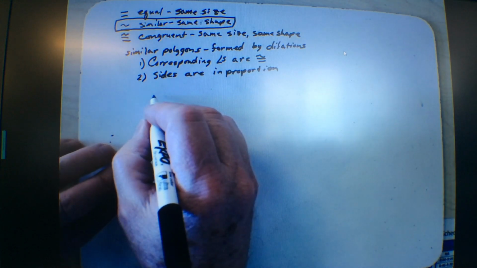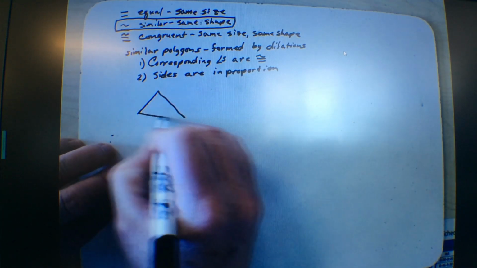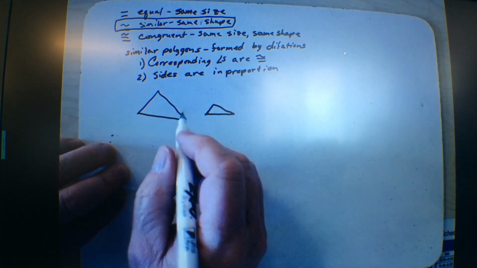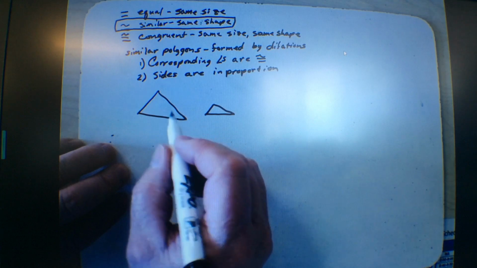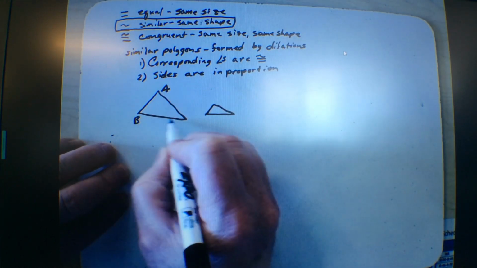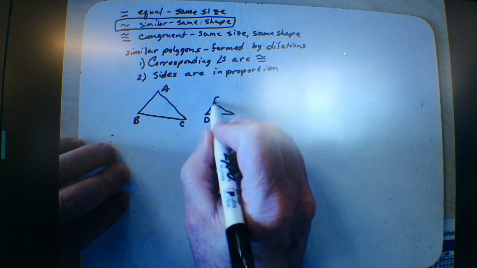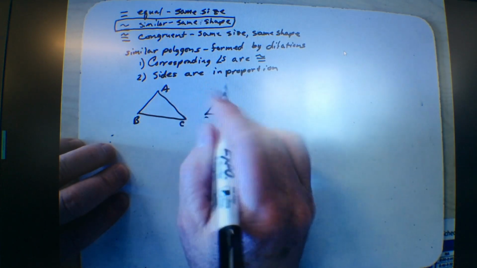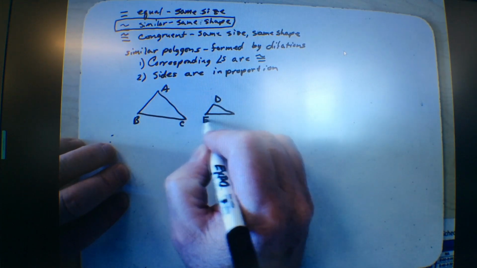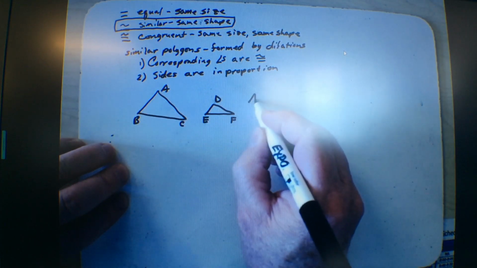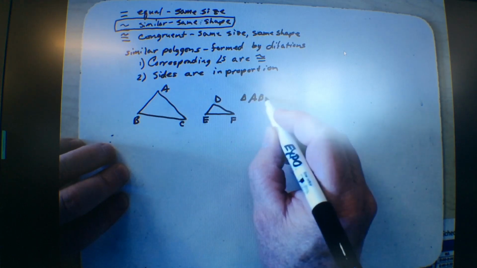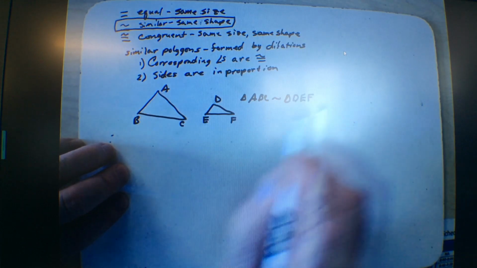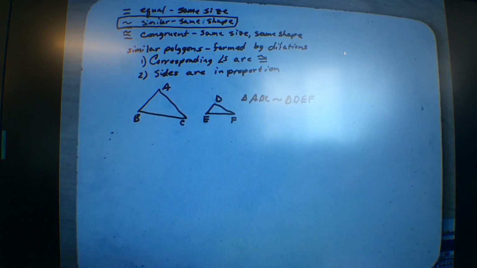So let's say I have, and I'm just going to use a triangle. The book uses a quadrilateral, which is not a bad idea because you get more figures to look at. How I say it is really important. I'm going to say that triangle ABC is similar to triangle DEF. That means corresponding angles are congruent.